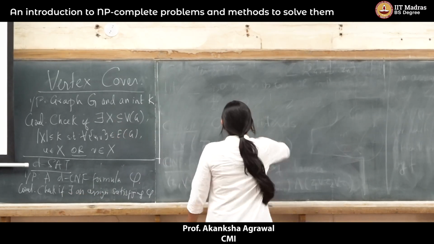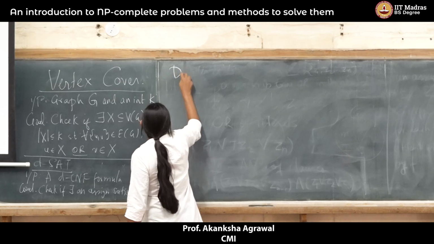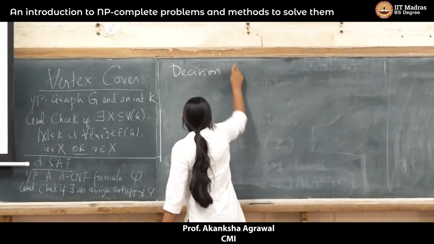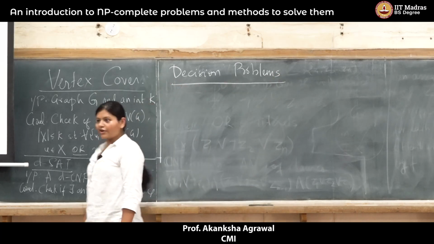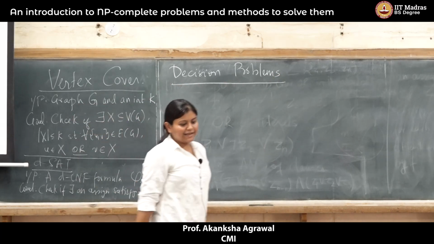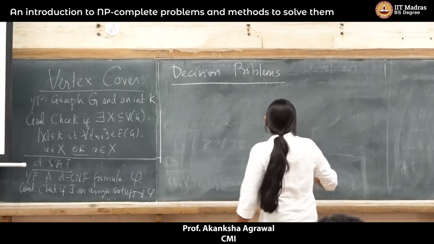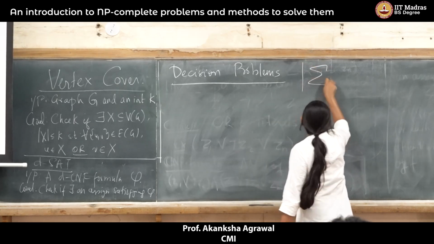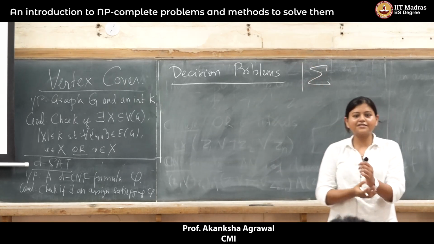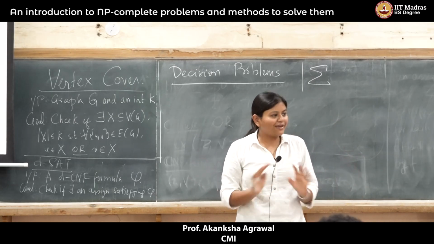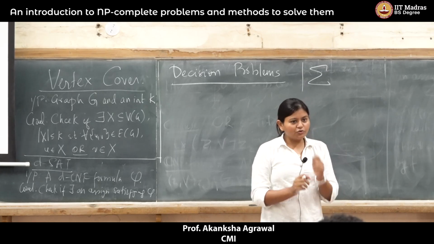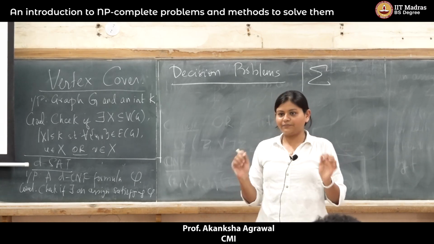Okay. So let me formally define decision problems. Actually, if you know basic things about computers, you might know computers understand only 0 and 1. Everything is written using the two symbols 0 and 1, right?